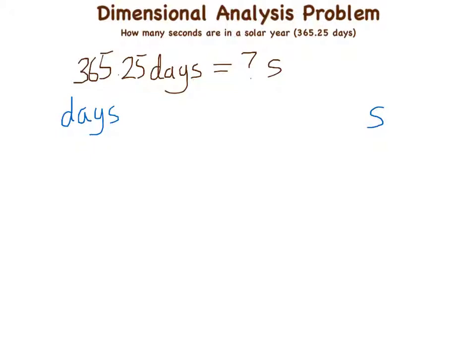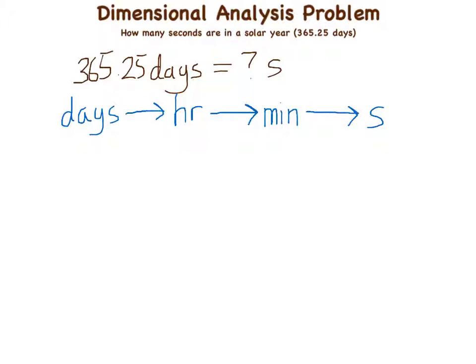I don't. But I know in one day there are 24 hours. Also, off the top of my head, I don't know how many seconds are in an hour, but I do know how many minutes are in an hour, and then I know how many seconds are in a minute.